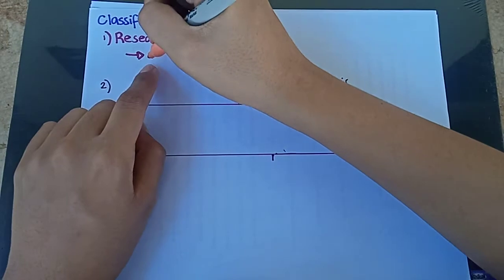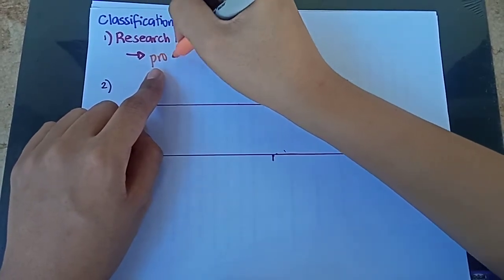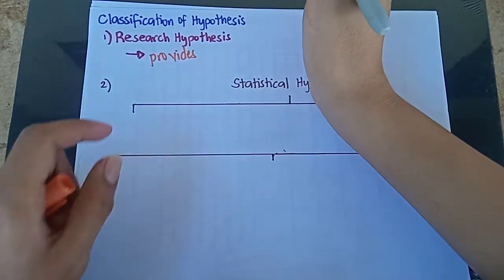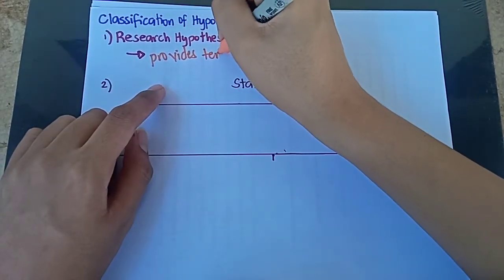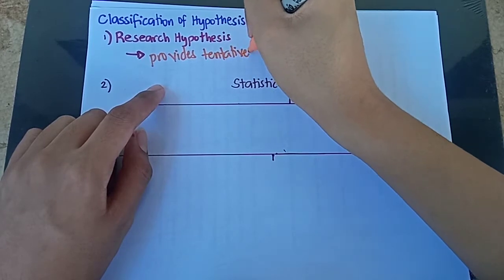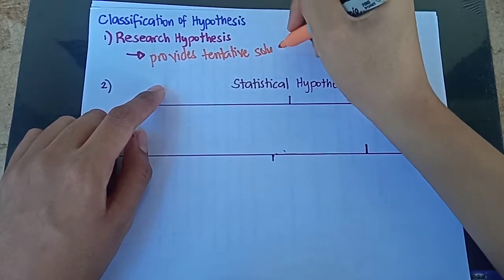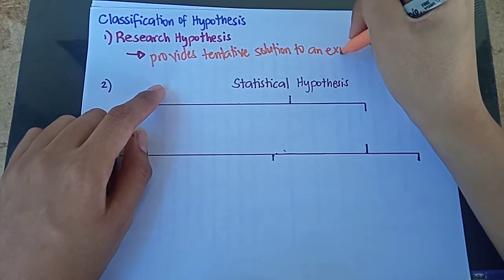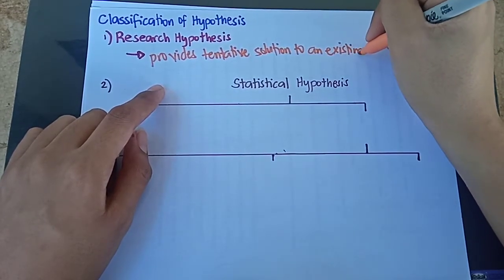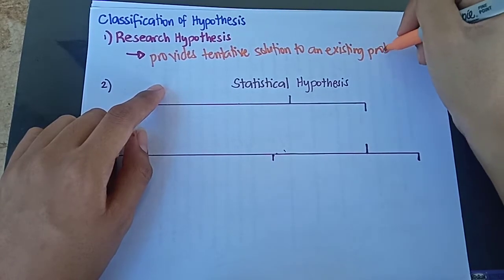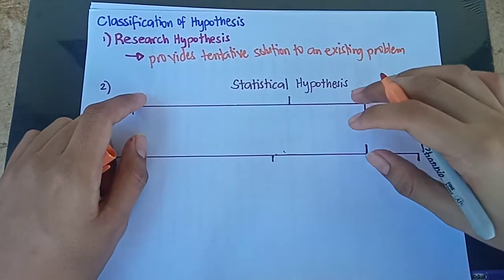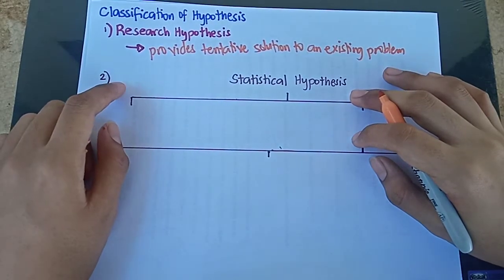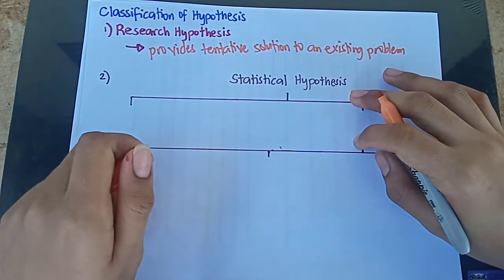The main definition of research hypothesis is that it provides a tentative solution to an existing problem. So, we are just identifying possible solutions to an existing problem in research hypothesis.